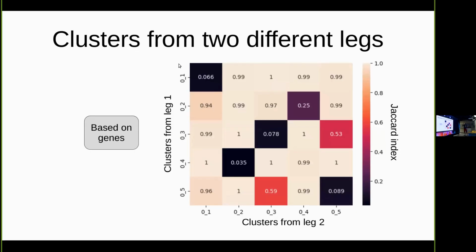And it goes the same for the 3 clusters that I showed you on the previous slide. So that's what we are showing. And in a sense, it validates the fact that we are observing the same community between the 2 legs, and probably that the 3 groups we are observing are characteristic of our system.